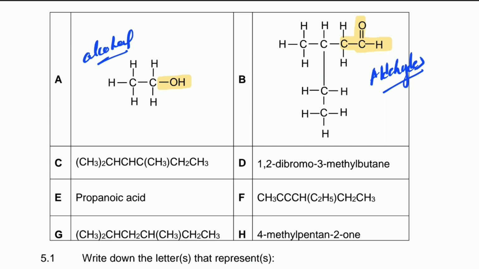Compound C, we'll go back to that one. Compound D ends in ane, but it has bromo as part of the compound, and therefore it's going to be a haloalkane, or alkyl halide. Compound E is an oic acid, and is a carboxylic acid.